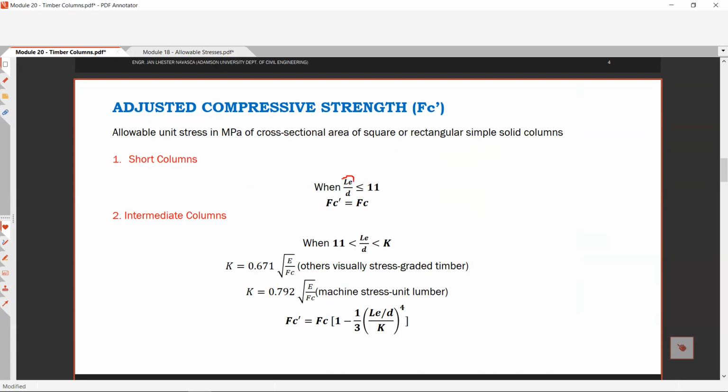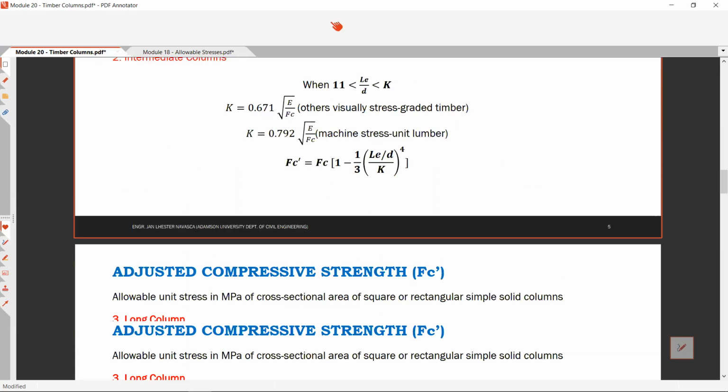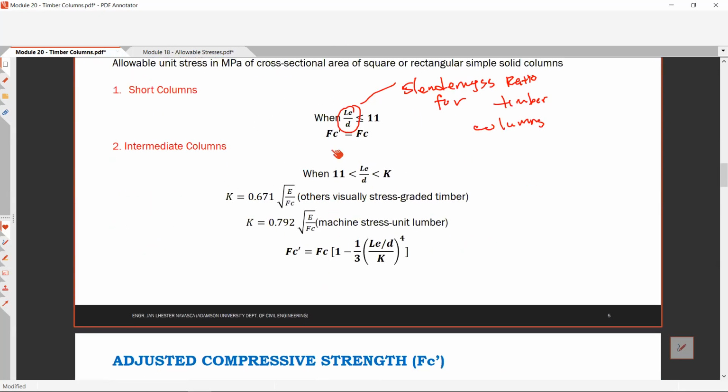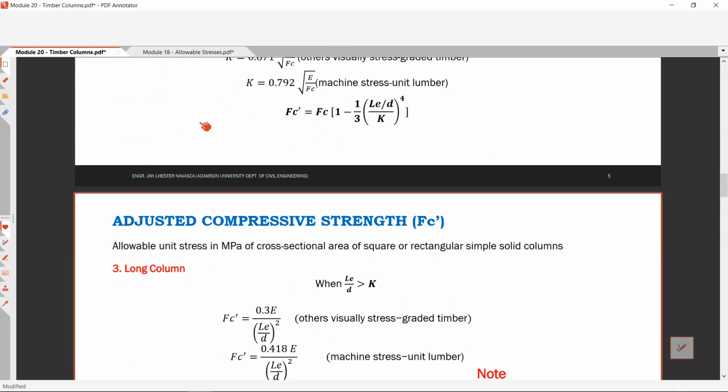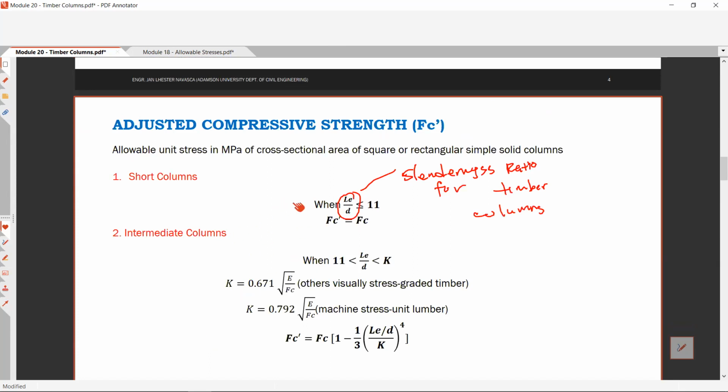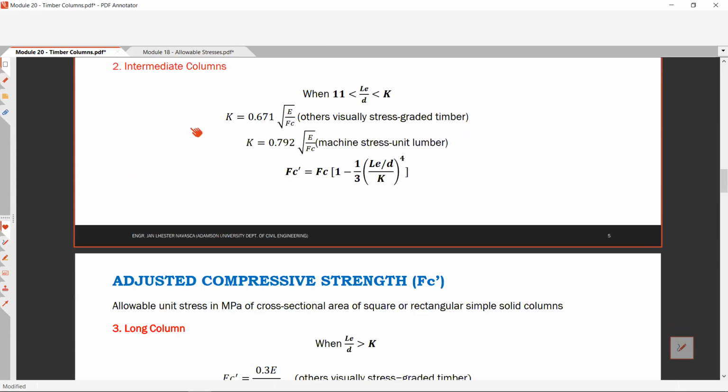This one is the slenderness ratio, LE over D, for timber columns. Okay, so paano ba natin ma-determine if our column is a short, intermediate, or long column? So the compressive strength is adjusted based on that criteria.